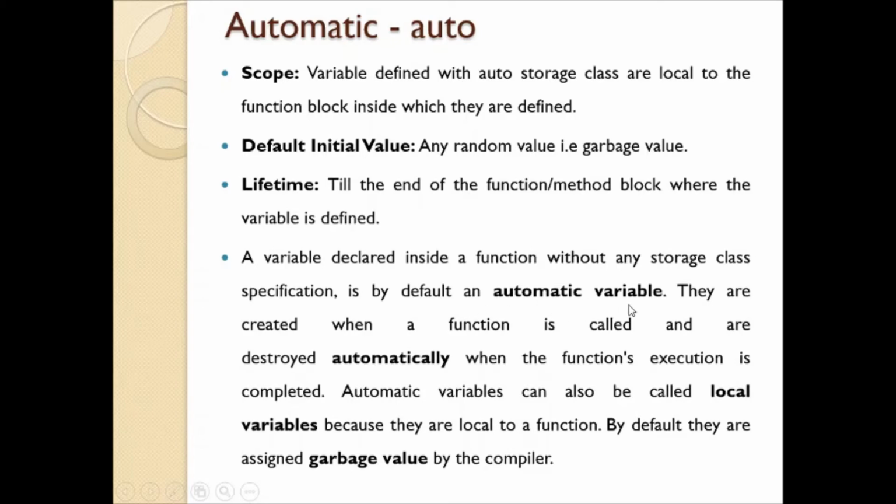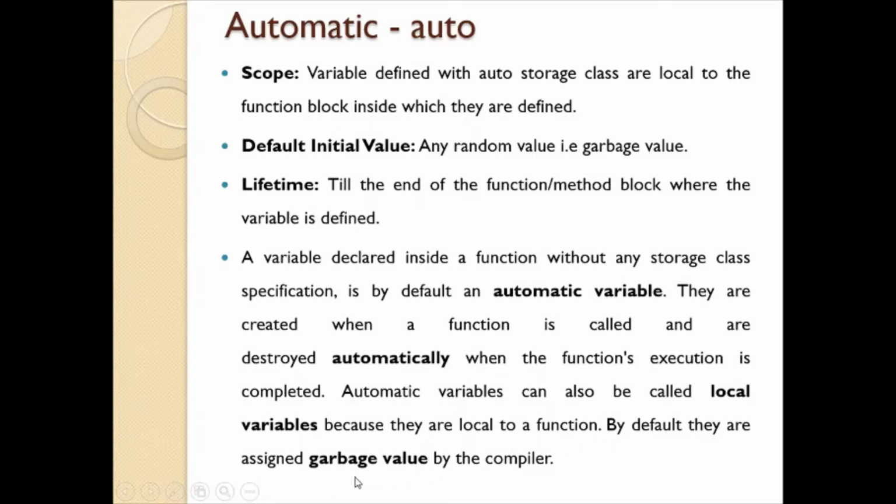If you don't define a variable with any storage class, like automatic or static, all the local variables without any storage class are by default automatic variables. They are created when a function is called and are destroyed automatically when the function's execution is completed. Automatic variables can also be called local variables because they are local to the function.